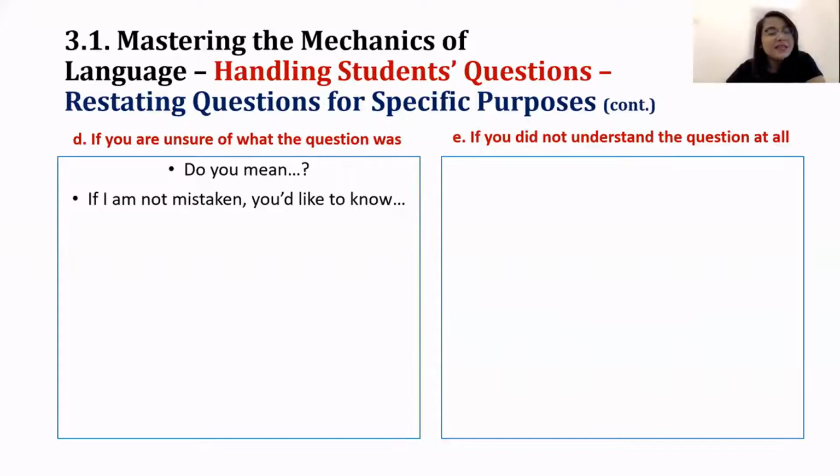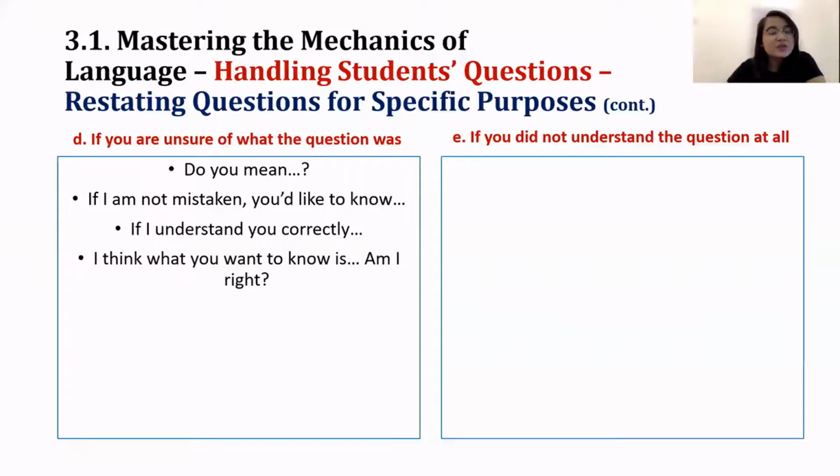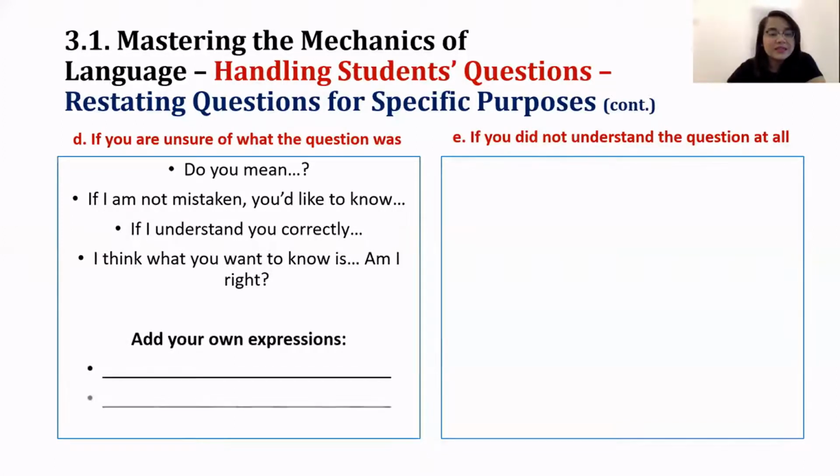If I'm not mistaken, you'd like to know. If I understand you correctly, good. I think what you want to know is, am I right? Yes. Now, how about your own expressions? Modify the expressions listed above, or you can make your own. What will you say if you are unsure of what the question from your student was?